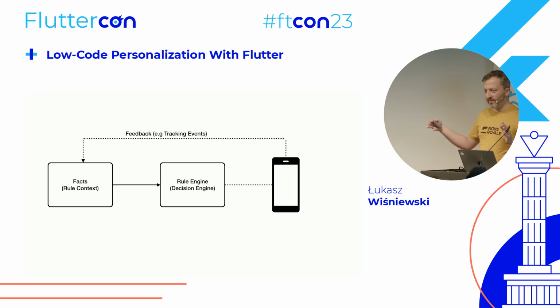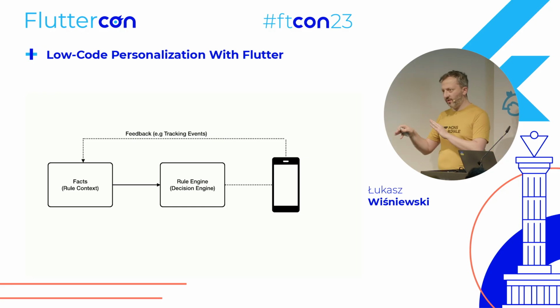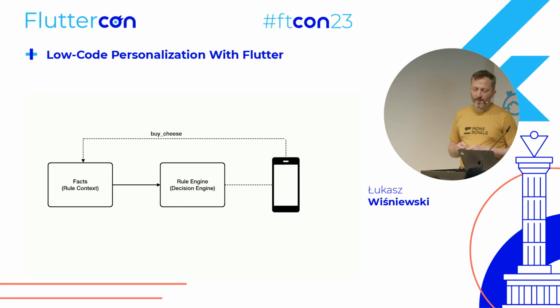So some stuff happens, usually an event is getting triggered. And you can usually pass these events to some sort of analytics. Why not also store it locally in some history map? Then you can make it part of your facts and reuse it later.